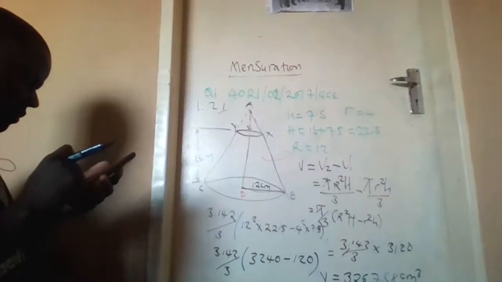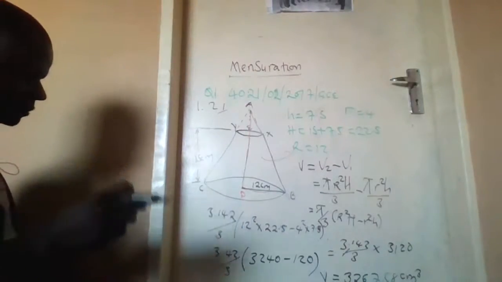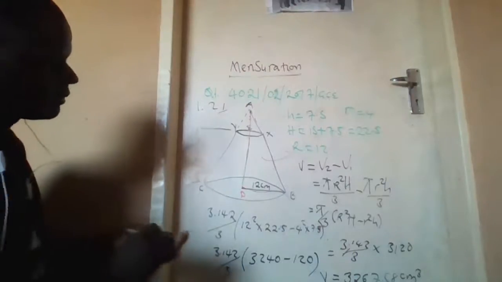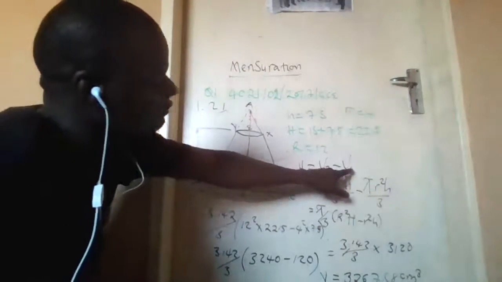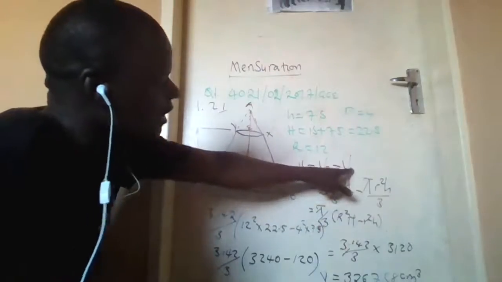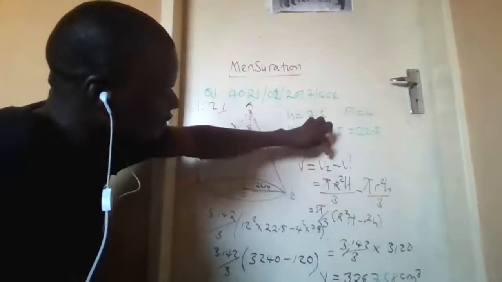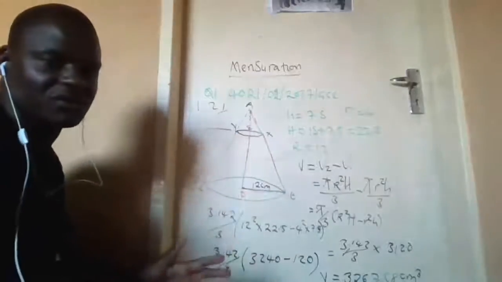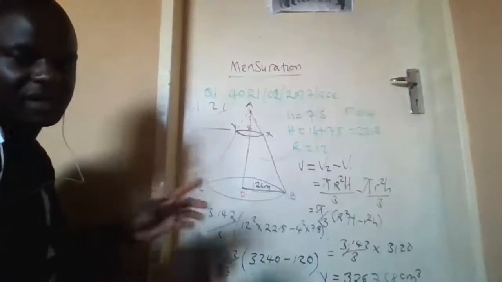So that is the volume of the cone, and that is how we can find it. Now, can I remind you again? We are saying the volume is V2 minus V1. The formula for V1 and V2 is the same, except that the parameters are different.